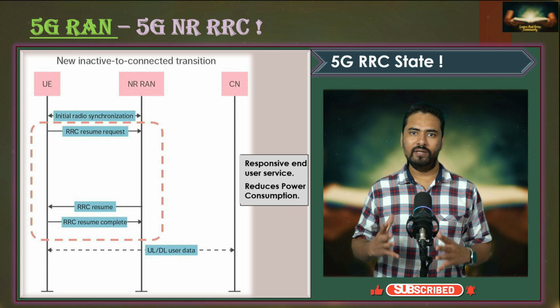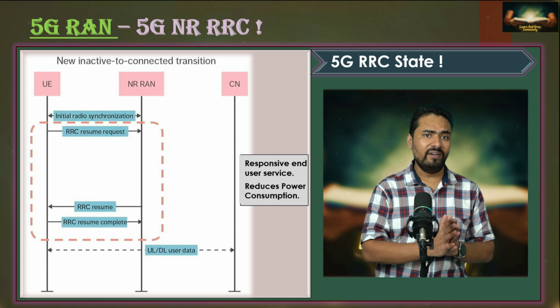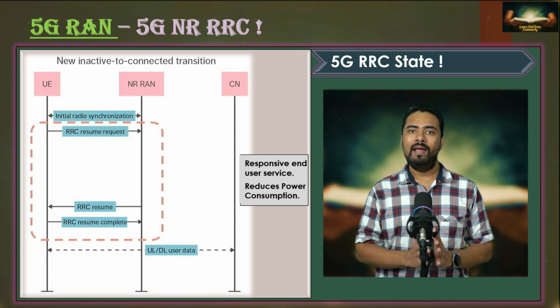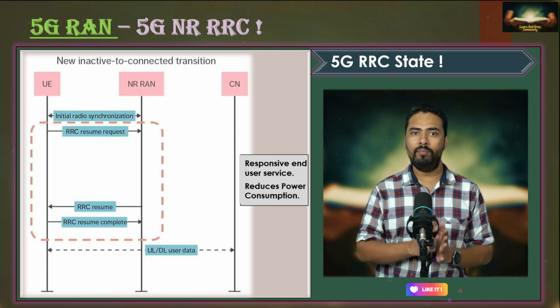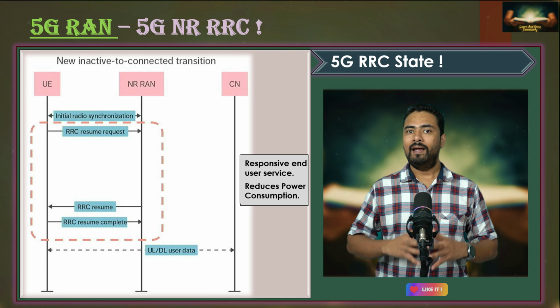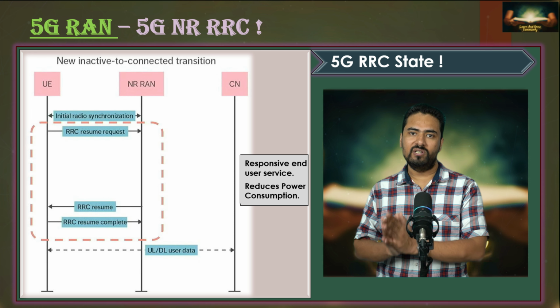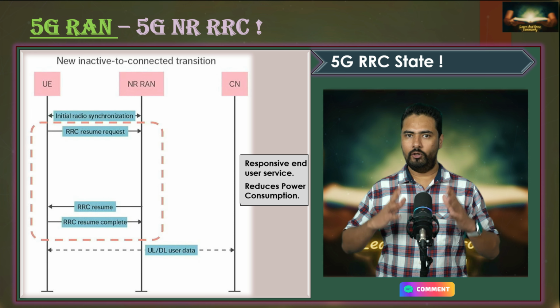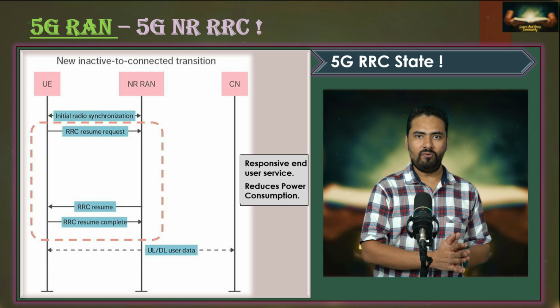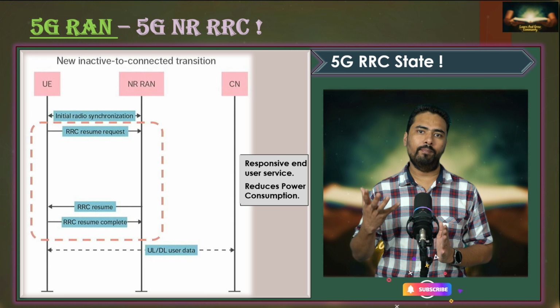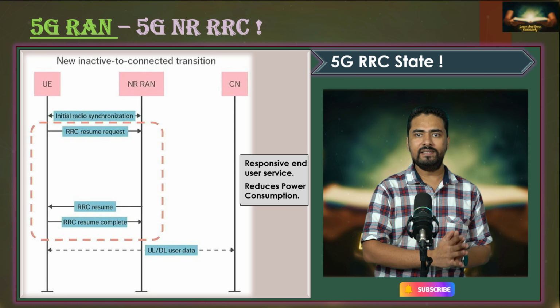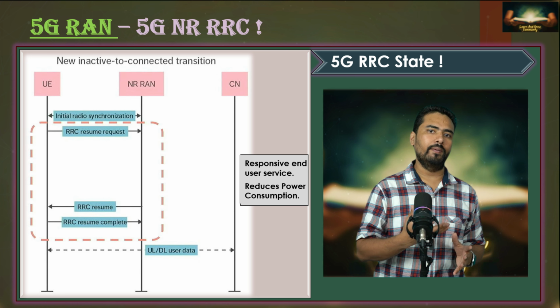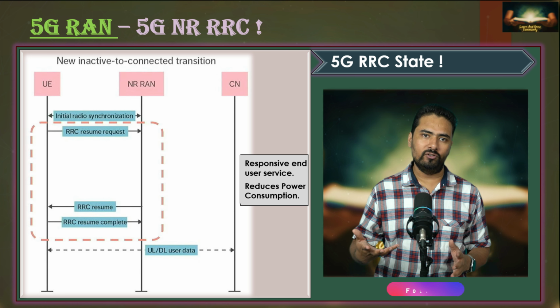So this reduction in RRC signaling significantly reduces the latency. As a result, our network becomes more responsive, and this supports more end user services which demand better response time from the network. It also reduces the power consumption for devices such as battery-powered sensors that only send a small amount of infrequent data, generally less than 100 bytes.